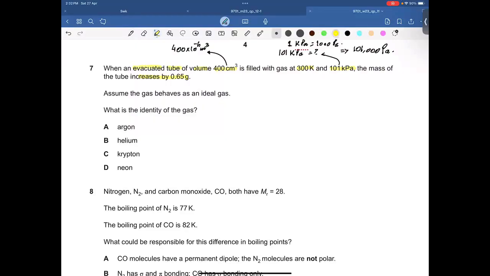So we know the pressure, we know the volume, we know the temperature, we know the R value, the identity of gas, and for the identity of gas, we should know the MR or AR of the gas. Okay. So let me apply PV equals nRT directly. PV equals nRT. N is basically mass upon MR. We know the pressure, which is 101,000 Pascal.